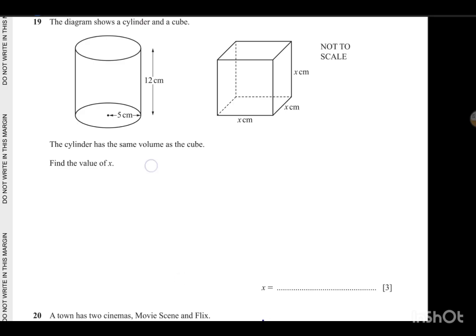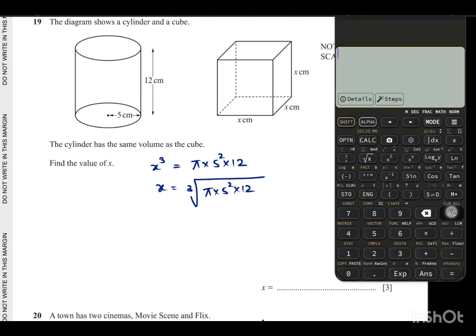The volume of the cube is x cubed, x into x into x, and the volume of the cylinder is pi r squared h. So pi into r, which is 5 squared, into h, which is 12. So x will be the cube root of pi into 5 squared into 12. Let's find out.